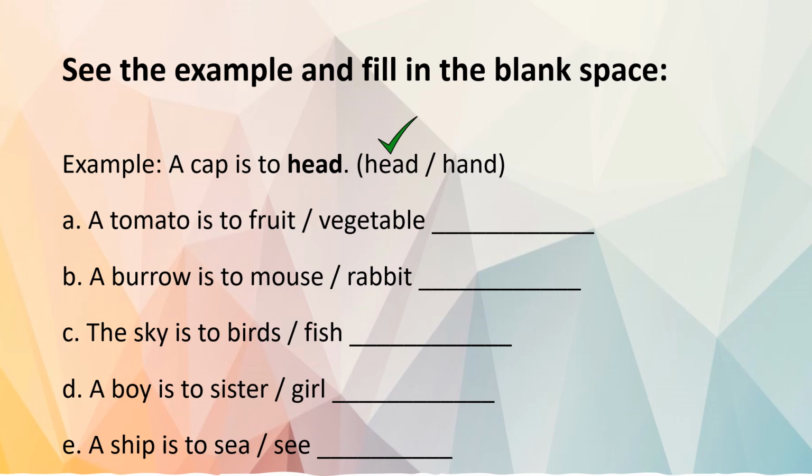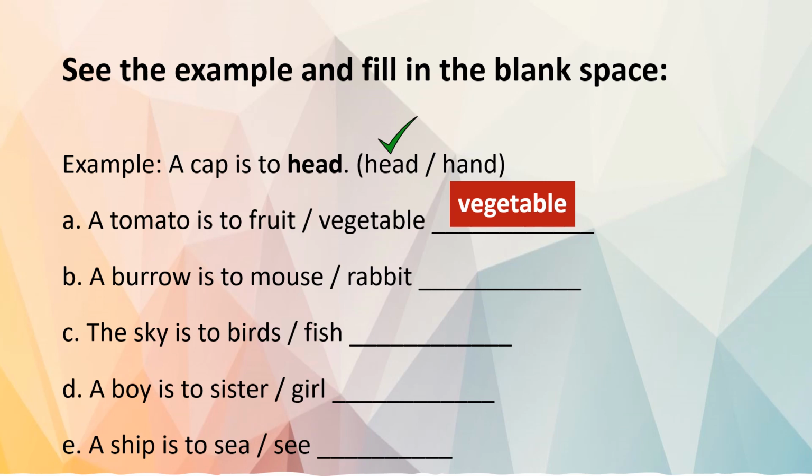Next one. A tomato is to dash, and options are given, fruit or vegetable. Students, guess, tomato is what? It's a vegetable.